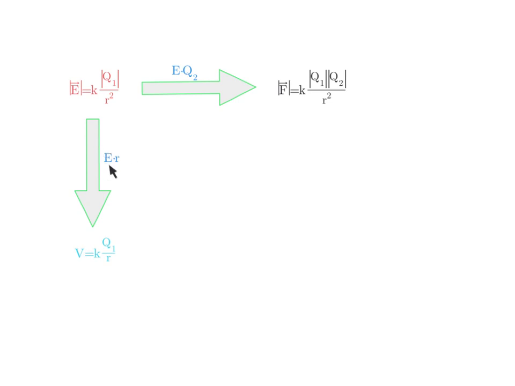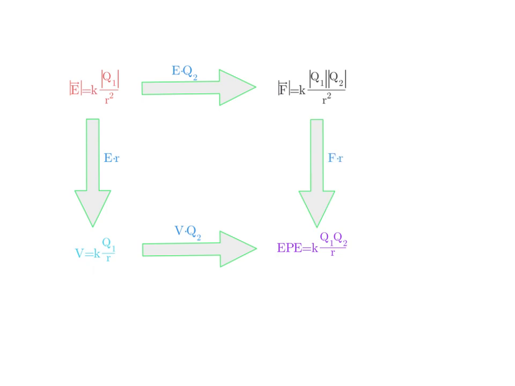But it's good enough for us at this point just to see the relationship between them. So the electric potential is the electric field times the distance. Then if we multiply the potential by another charge, V times Q2, we end up with the electric potential energy, K Q1 Q2 over R.